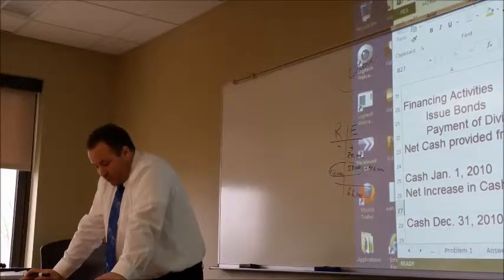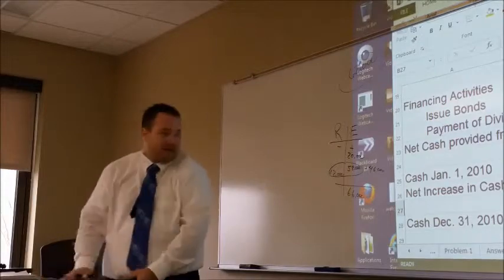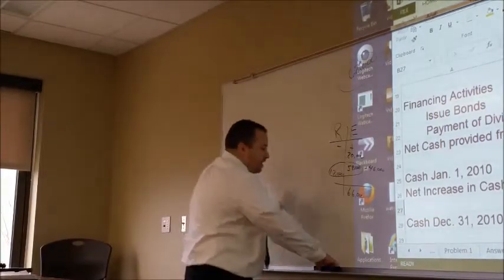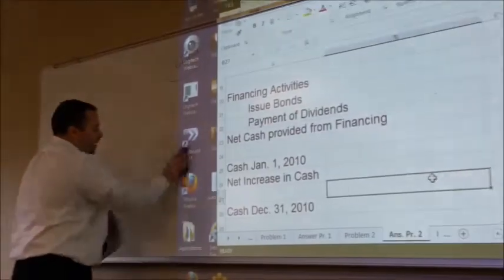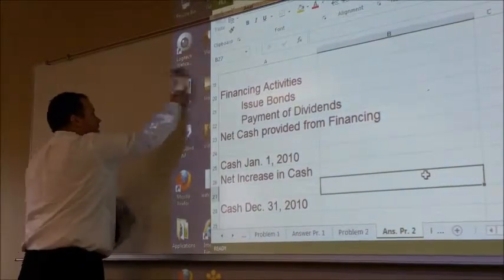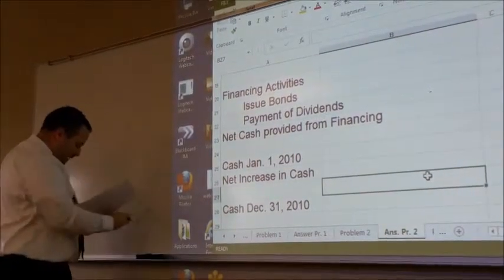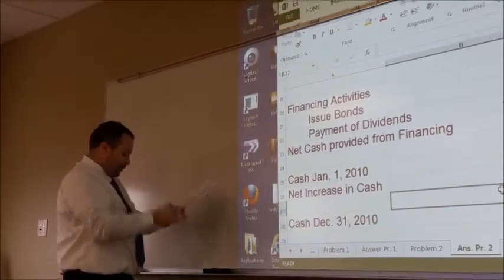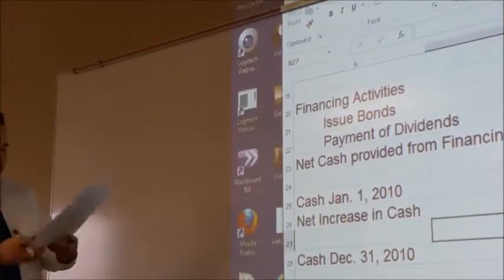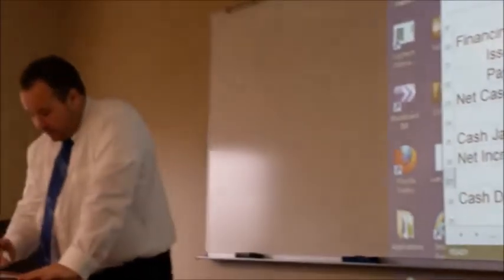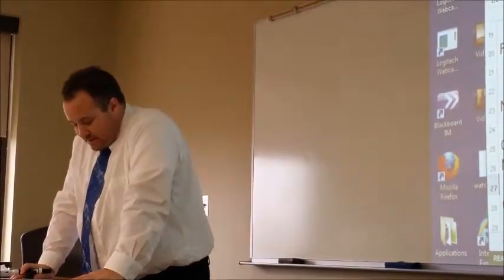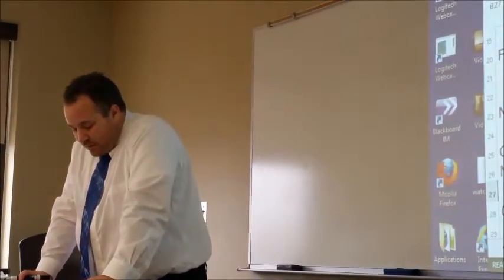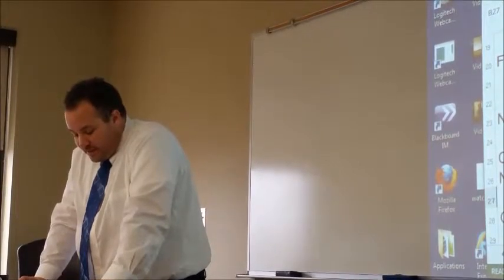However, it's a different story with the equipment. Whenever I have some stuff going on, I've got to be able to visualize what happened. What I want you to be able to do here at the bottom of this sheet is, what would the journal entry have been?